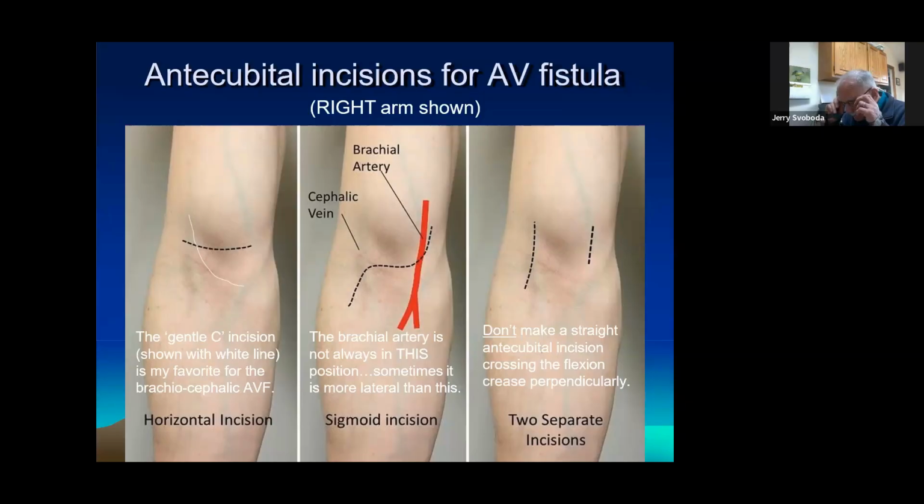It's what I call the thin skin sign before it ruptures. And a ruptured AV fistula can be fatal. I've seen that once, possibly twice, but most of the time it can be repaired, or if you don't know what else to do, you can tie the vein above and below the rupture site.